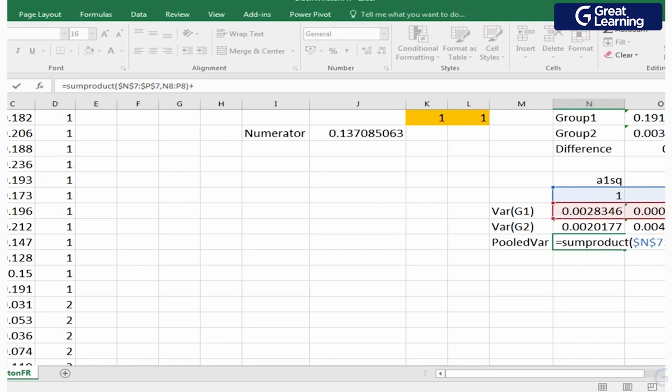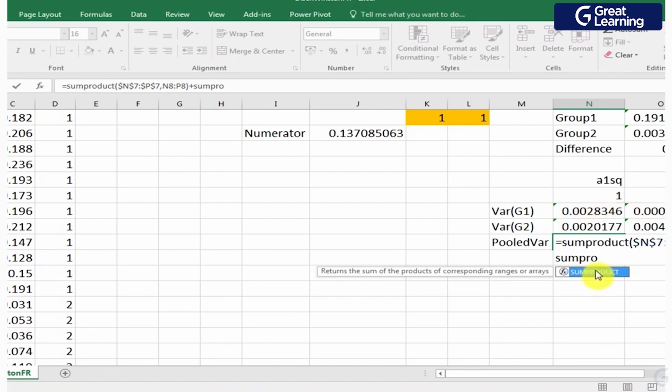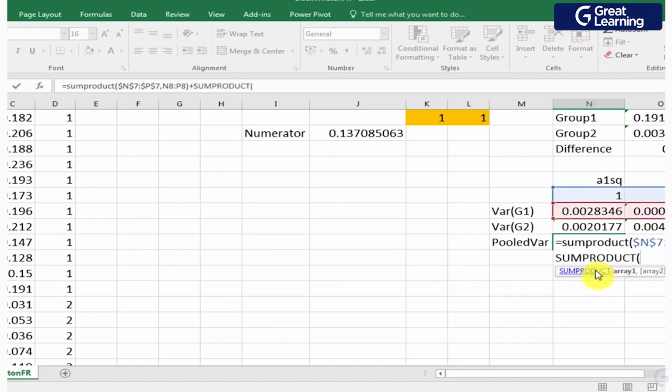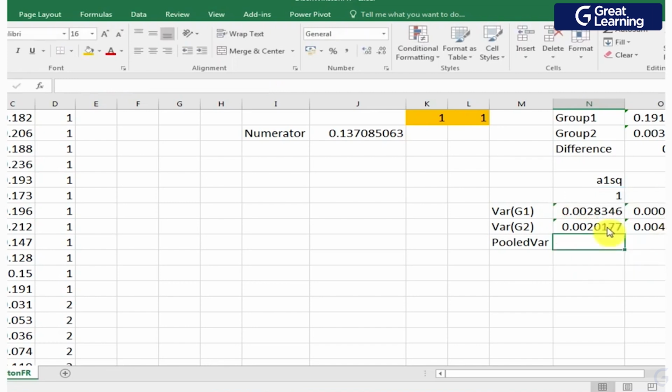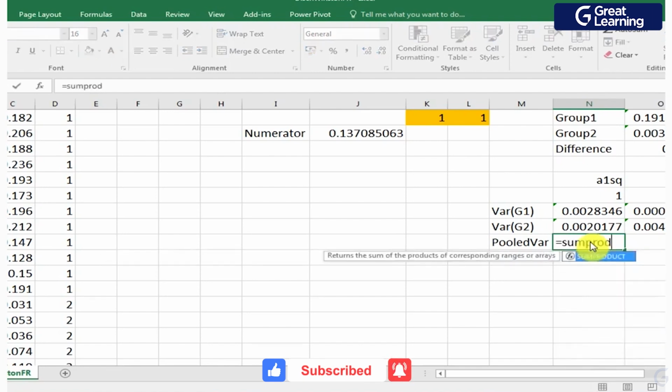plus sum product. So I don't have to lock it, I can do it again, doesn't matter. Sum product I don't have to lock it. I could have copied the formula, then it would have been all right. Okay, let me see that. Is equal to some product.